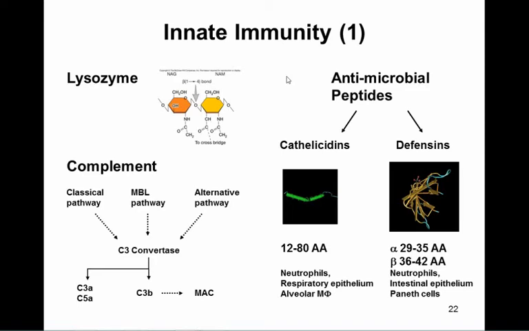So cathelicidins in the lung, defensins in the gut, intestinal epithelium. Both of these antimicrobial peptides have an activity against gram-negative outer membranes. So once again, they're going to permeabilize the membrane of bacteria and allow lysozyme to gain access to the peptidoglycan.